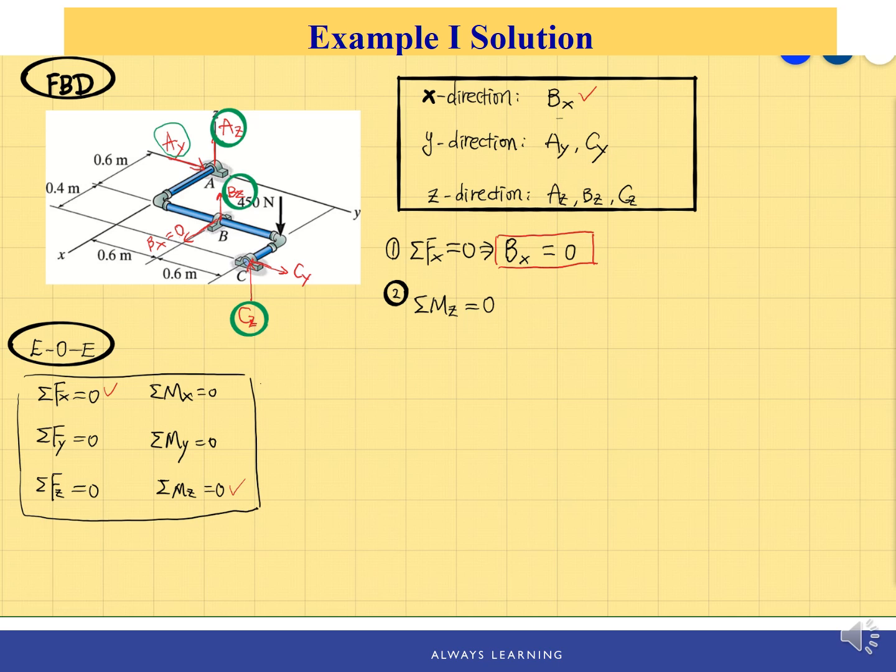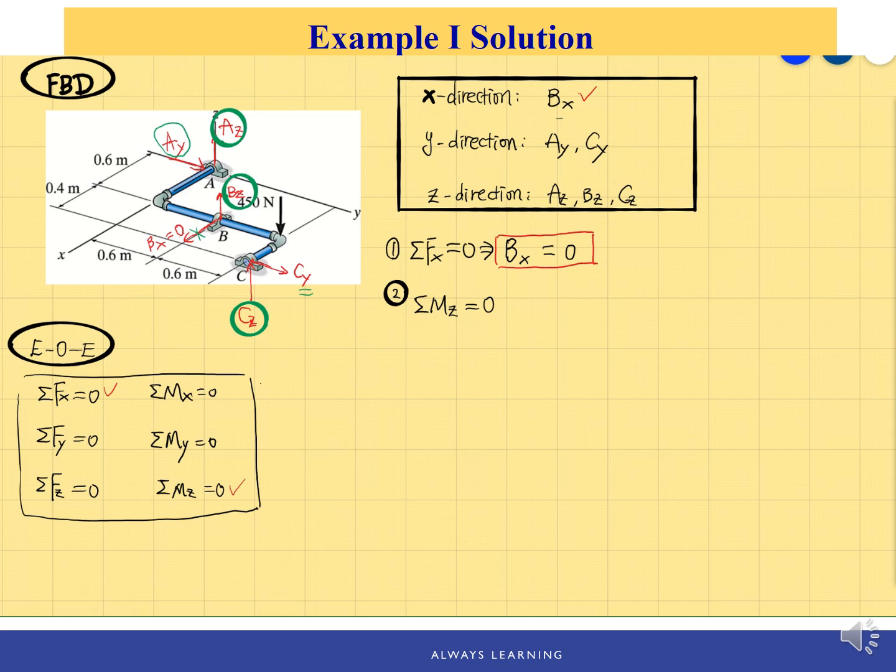Oh, Bx is 0 already, so we can just cross it out, and we don't have to consider it for any force or moment equilibrium equations. Now the only force that is left will be Cy. That means in the moment equation about the z-axis, Cy is the only force that causes moment about the z-axis.